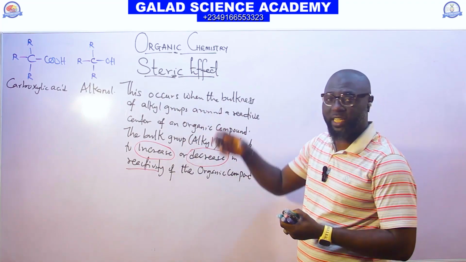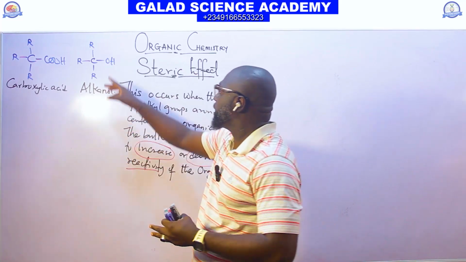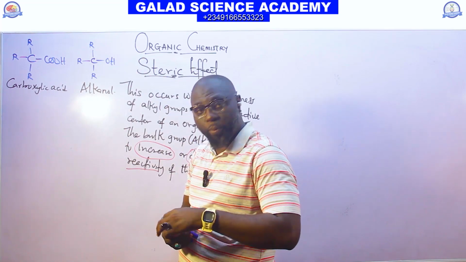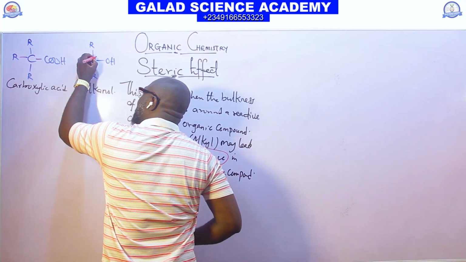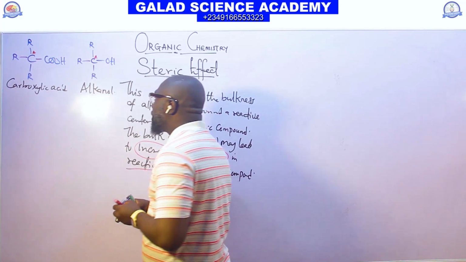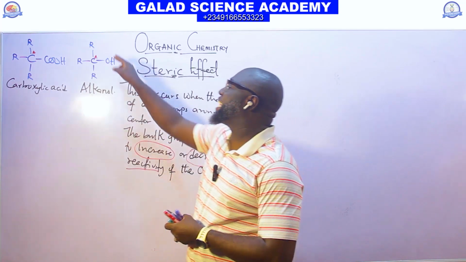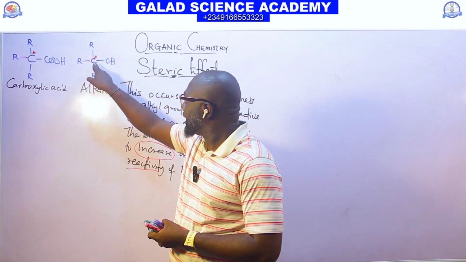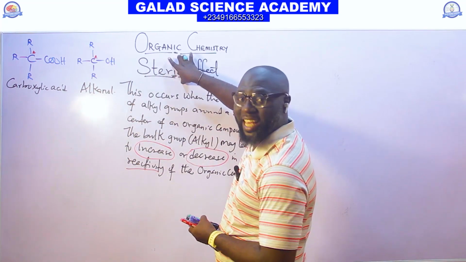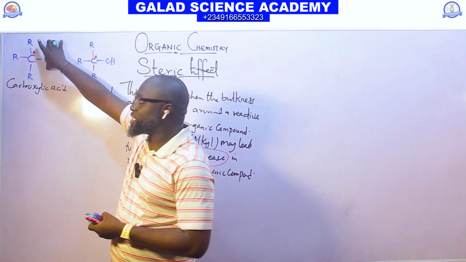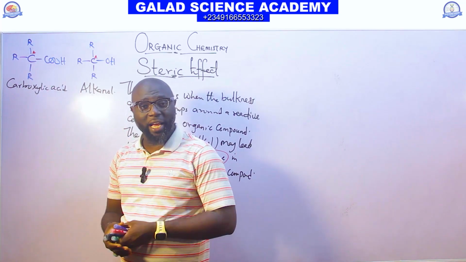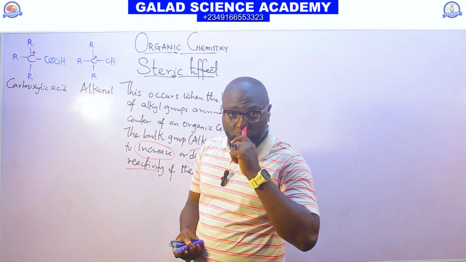If you are talking about bulkiness, you have bulkiness of alkyl group here, and at this reaction carbon we have bulkiness of alkyl group here too. So the presence of this steric alkyl group in this reaction center carbon of the alkanol is called steric effect.